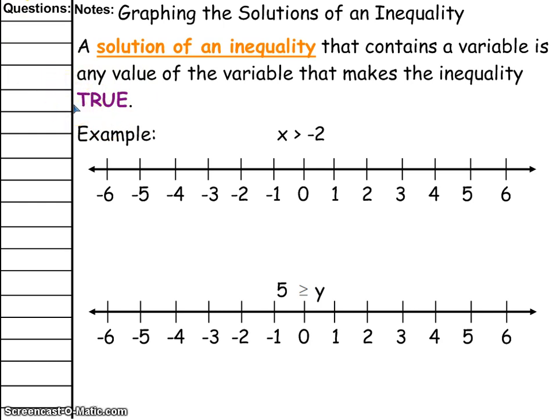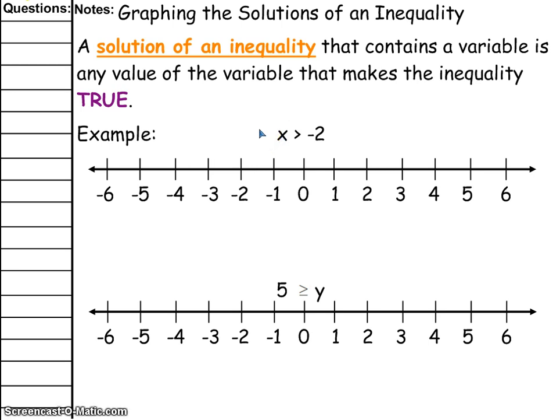So if a number makes the inequality true, then it's a possible answer. It's a possible solution. So for example, we have x is greater than negative 2. So that means x has to be a number that is larger or greater than negative 2.